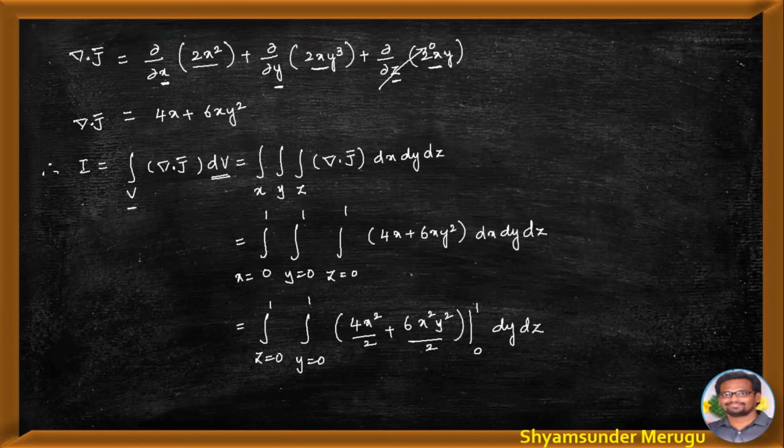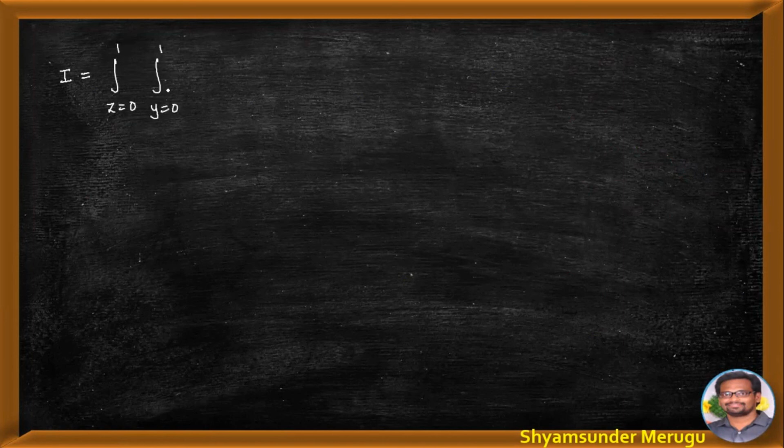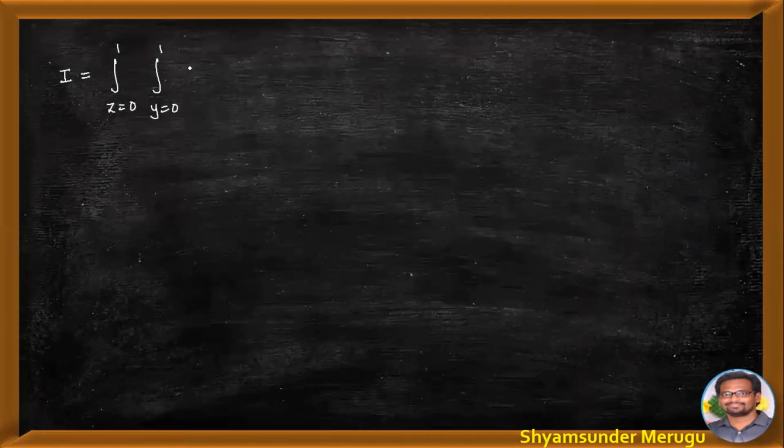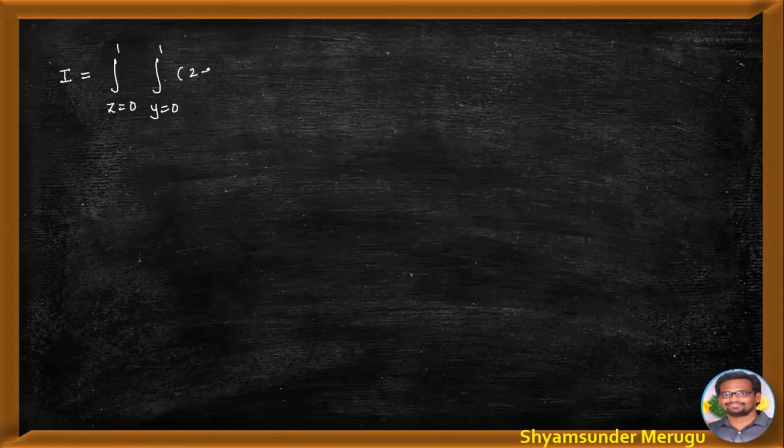When we substitute the upper limit as 1 in place of x, then we get I equals integration z equal to 0 to 1 and y equal to 0 to 1 of 2 plus 3y squared dy then dz.